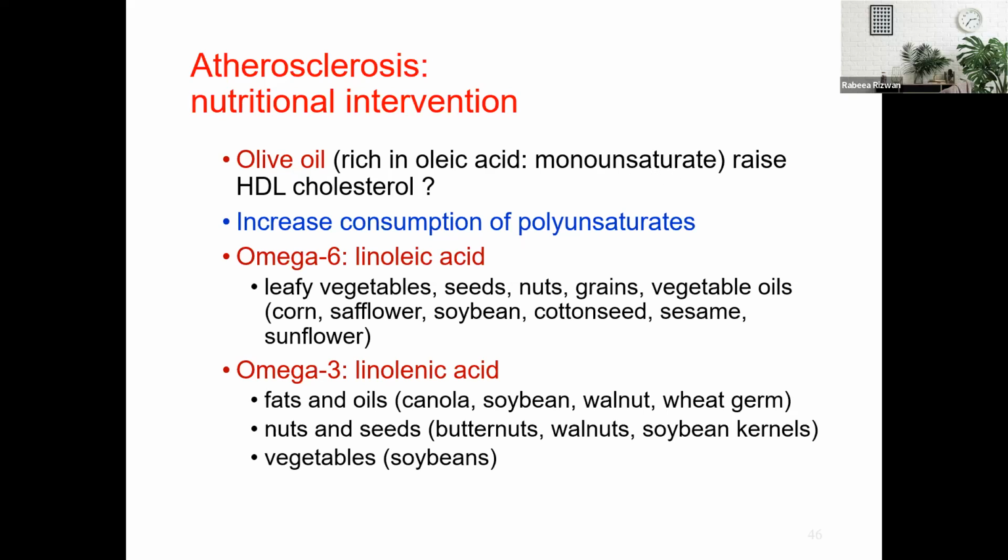That's why it's healthy. Omega-6 linoleic acid is also good. It is available in nuts, grains, corn oil, soybean oil, and sunflower oil as well. While omega-3, the good rich sources are, as we all know, nuts, seeds, and soybeans as well.